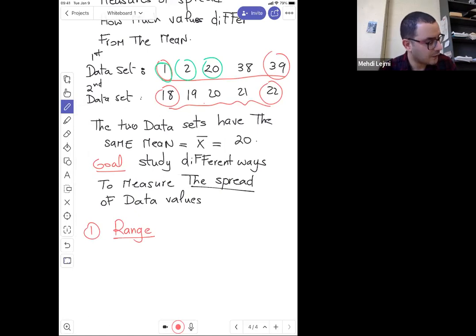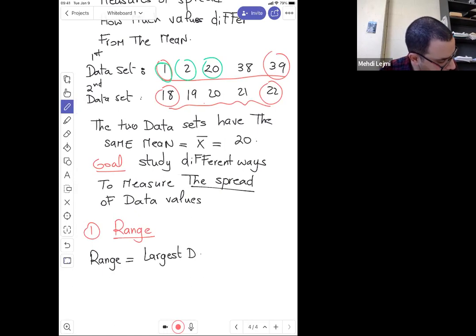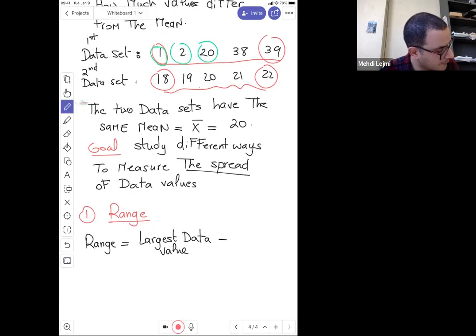So the range is actually equal to the largest data value minus the smallest data value. Okay.